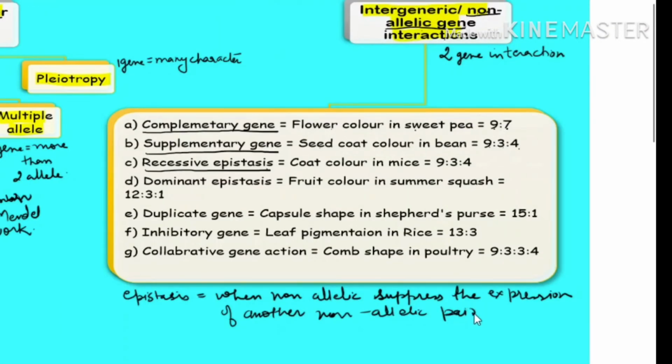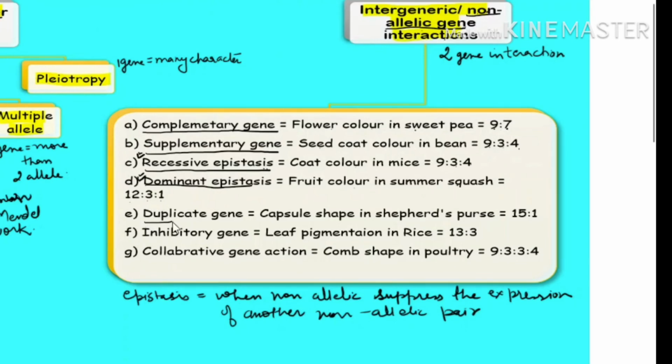Such interactions are known as epistasis. Here it is working between the two genes, between non-alleles. So it can be recessive or dominant in nature. The recessive example is coat color in mice, 9:3:4, and the dominant is fruit color in summer squash, whose ratio is 12:3:1. All the details will be discussed in the next videos.